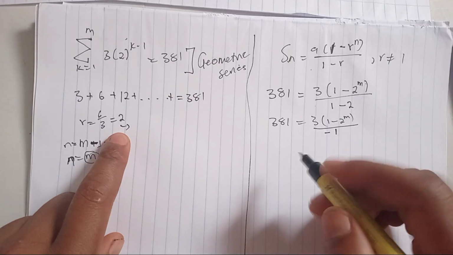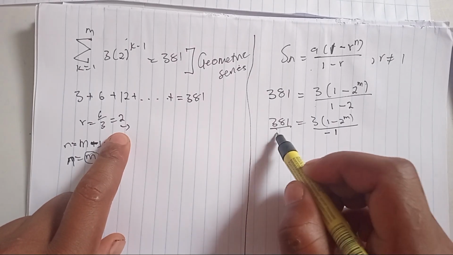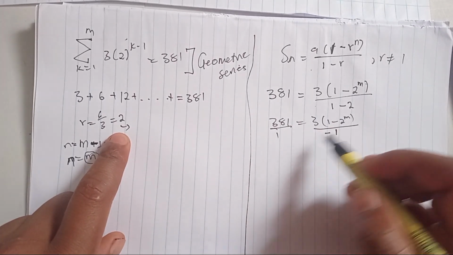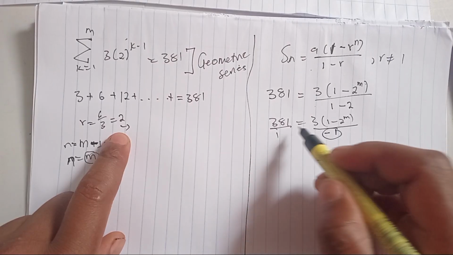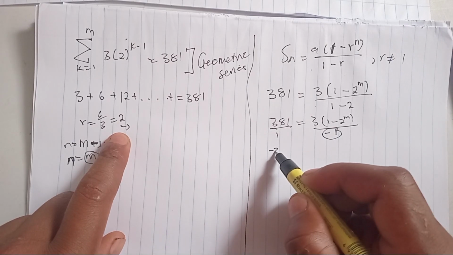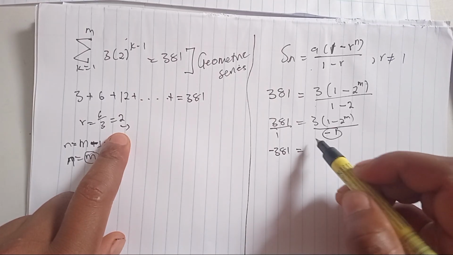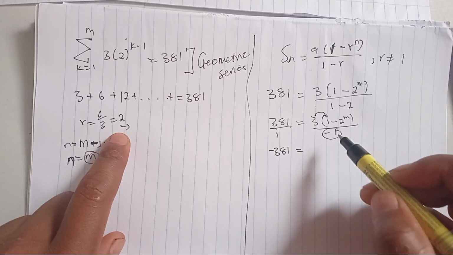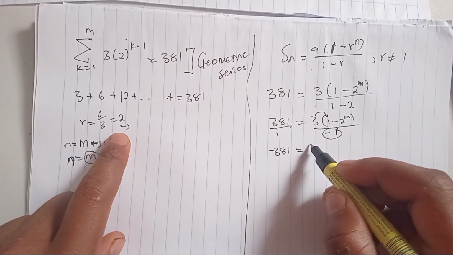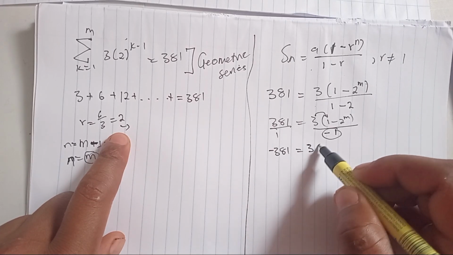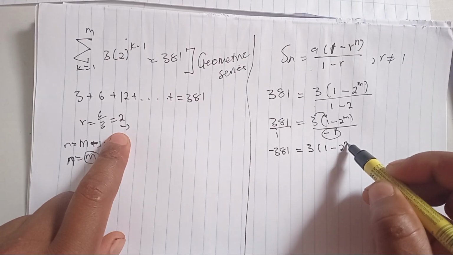Remember, this is over 1. You multiply both sides by the negative 1, and then you're going to have minus 381, which is equivalent to 3 into 1 minus 2 exponent M.